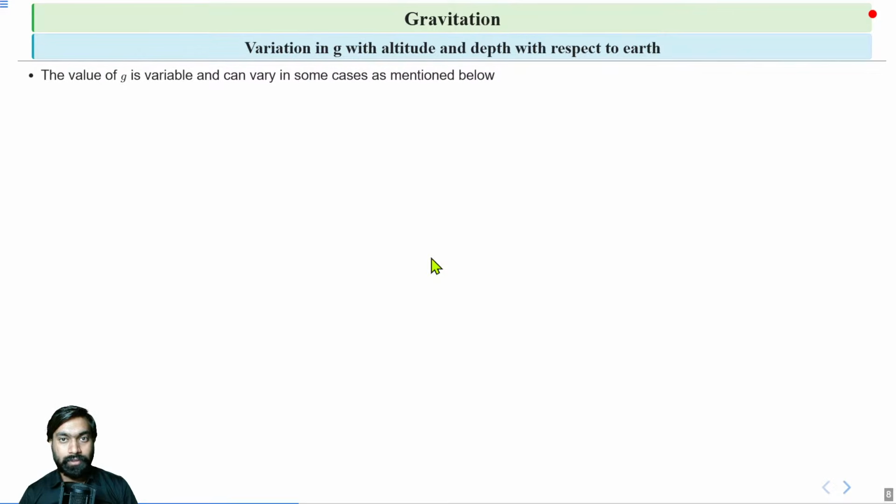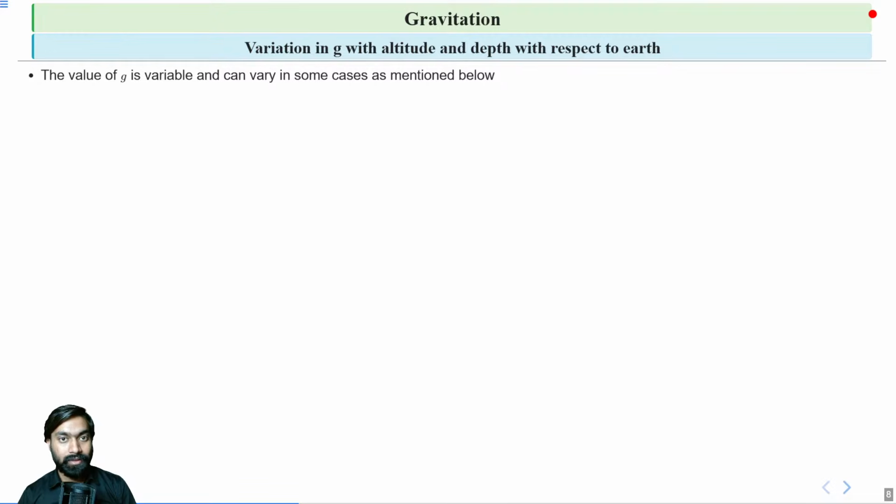Now the next concept is variation in g with altitude and depth with respect to earth. The value of small g is variable. It means the value of small g varies with altitude and varies with depth.